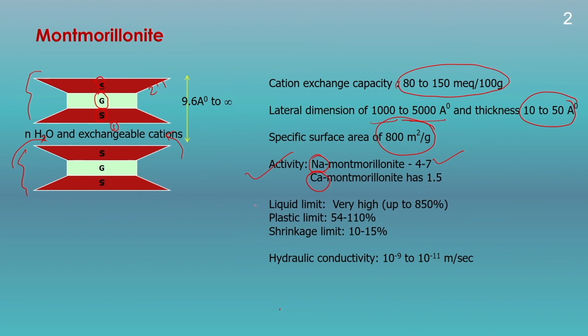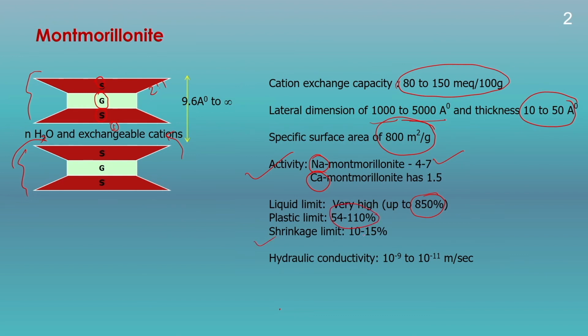Similarly, talking about the liquid limit, montmorillonite will have a very high liquid limit, and it can be up to 850 to 900%. Again, depending on the type of exchangeable cations present in the interlayer, the liquid limit can vary from 100 to 900%, whereas the plastic limit varies in a narrow range from 54 to 110%.